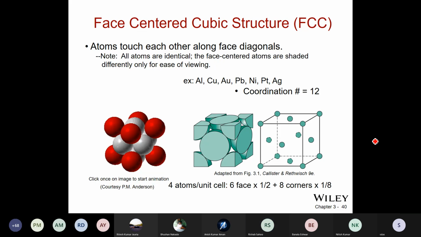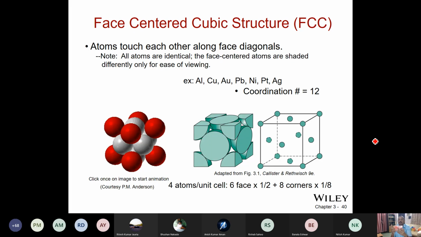You look at a model here, face-centered cubic. So this is a face-centered atom. I have another unit cell of face-centered cubic. I put them together. So this face-centered atom is half of this face-centered atom.